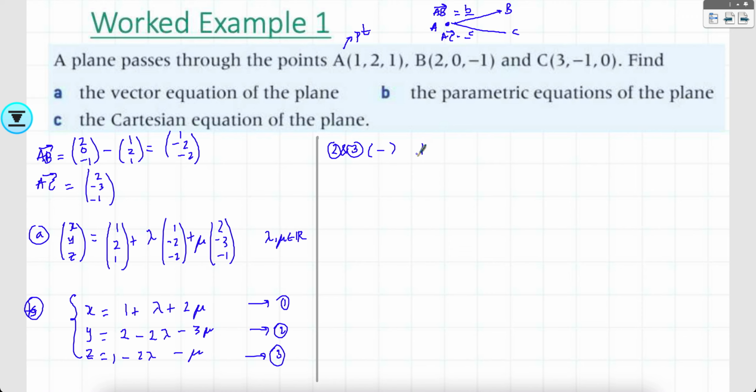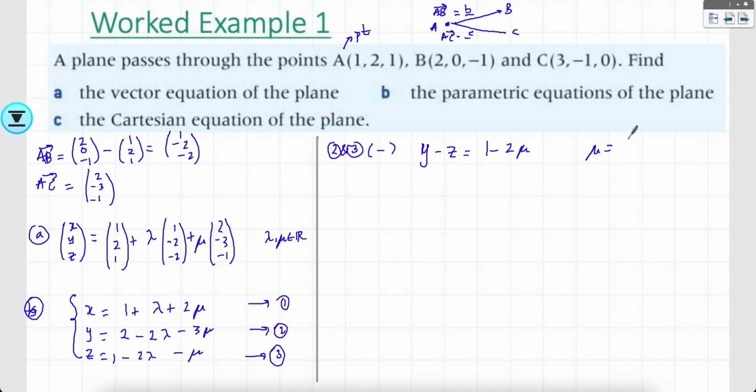By doing that, I end up with y minus z equals 1 minus 2 mu. Now what you want to do is make the scalar the subject, because you want to end up cancelling the scalar. So use 2 equations, eliminate one scalar, and then make the other scalar the subject.